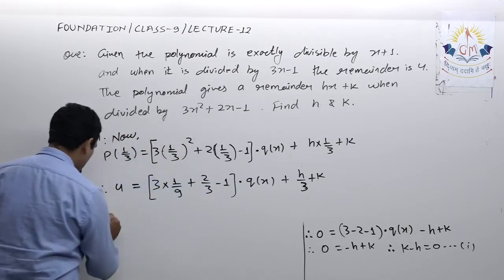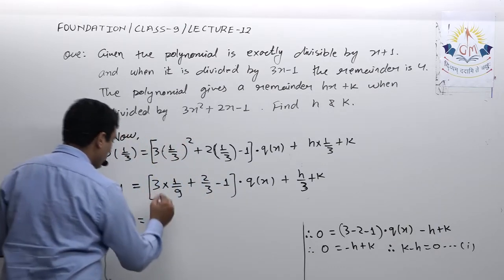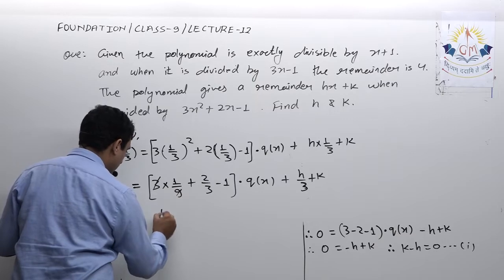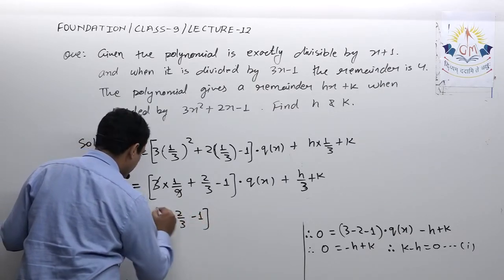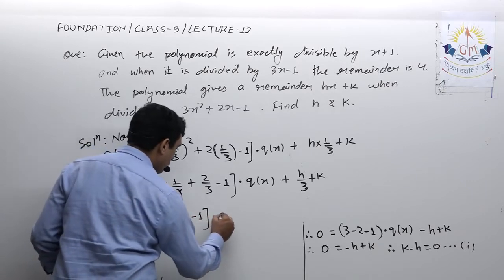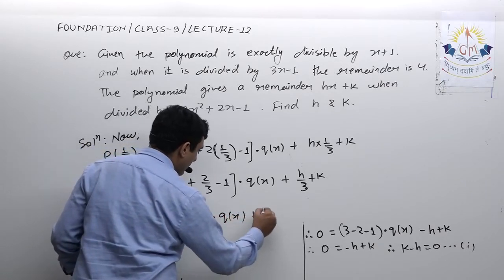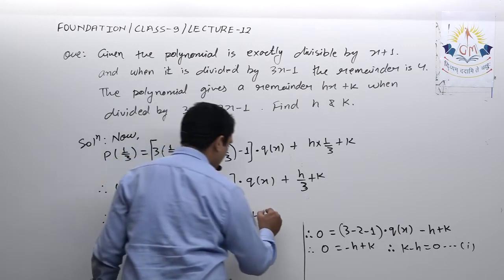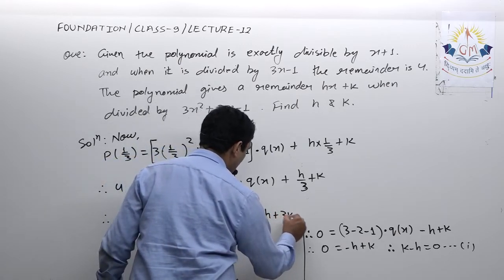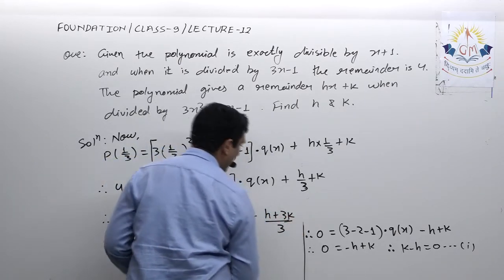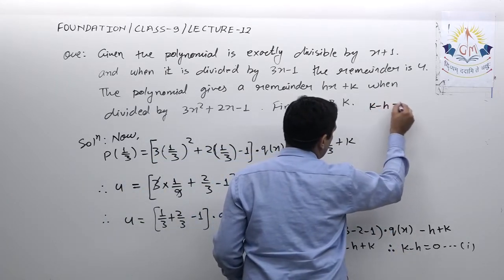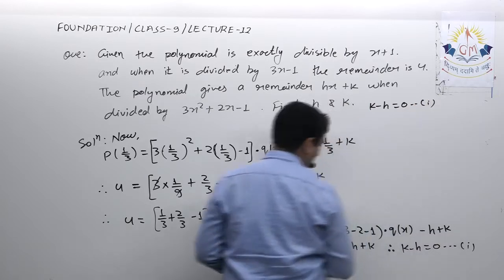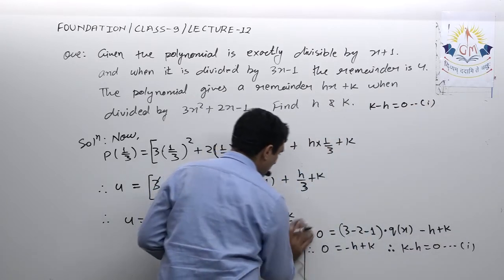Now therefore 4 is equal to, here it is 1 by 3 plus 2 by 3 minus 1, into qx, plus, here I can write h plus 3k upon 3. Okay, I took the LCM. So this, I need k minus h is equal to 0, that I am writing over here.